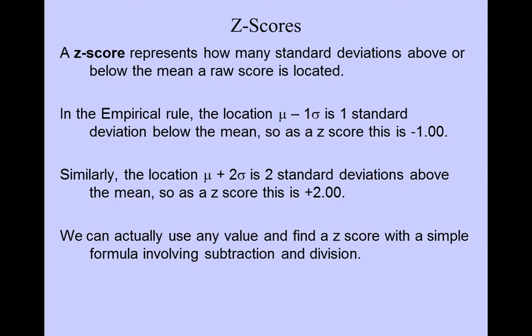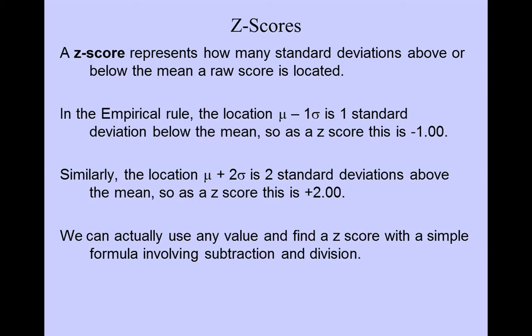In the empirical rule, the location mu minus 1 sigma is 1 standard deviation below the mean, so as a z-score, this is negative 1.00.